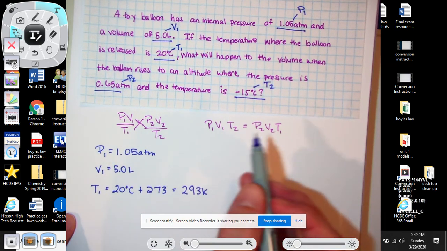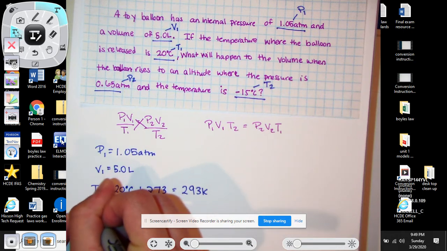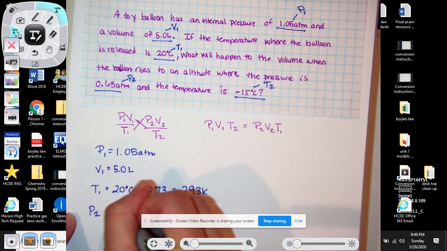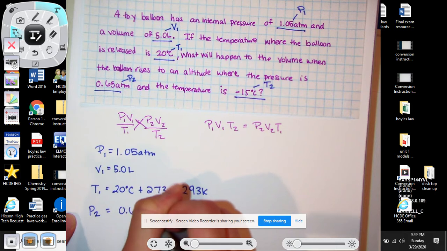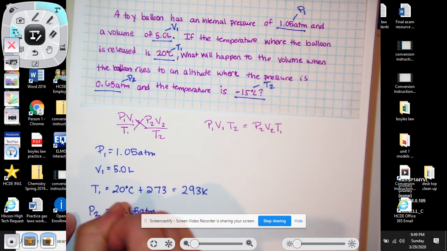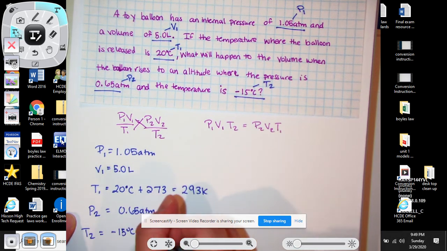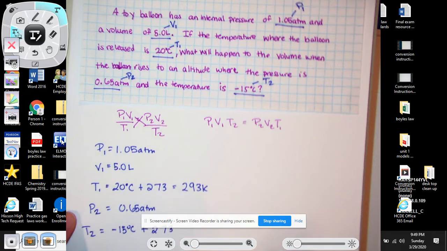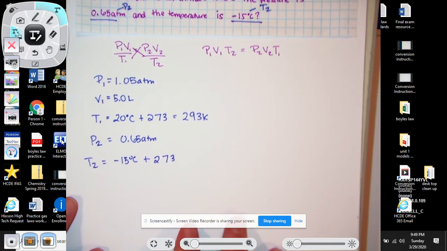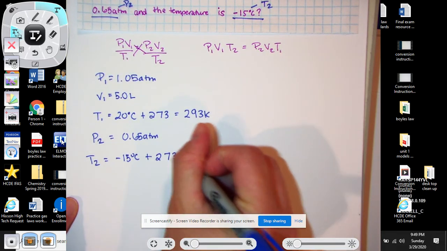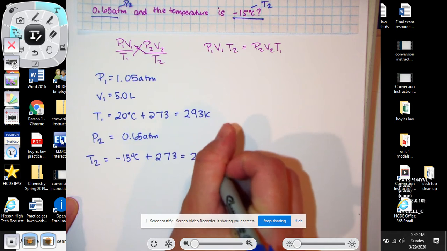Then I've got P2, which is 0.65 atmospheres, and T2, which is negative 15 degrees Celsius. I do need to also turn that into Kelvin. So I'm going to add 273. I realized that I need to move up. Sorry, guys. And so that gives me 258 Kelvin.